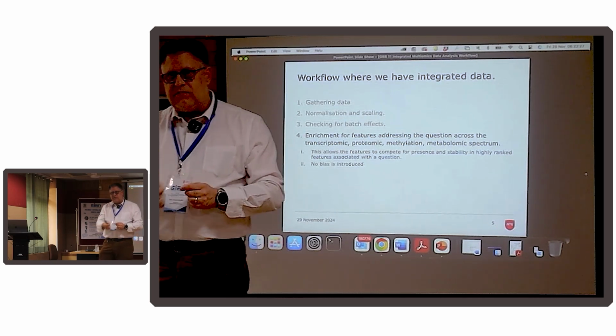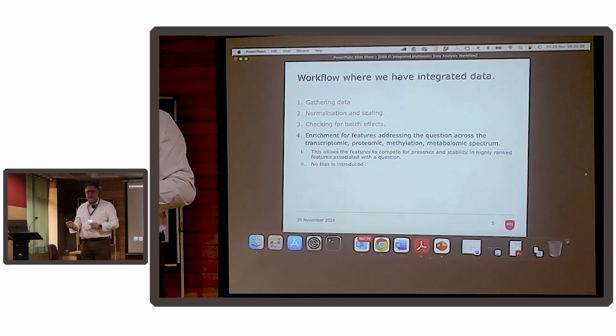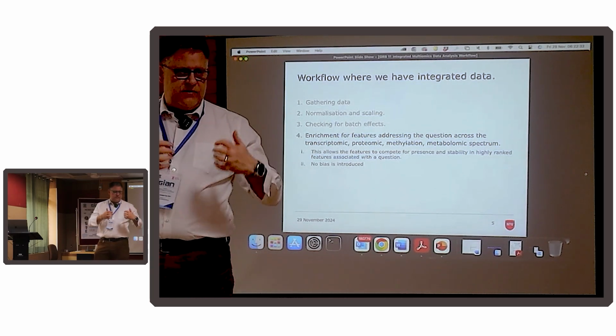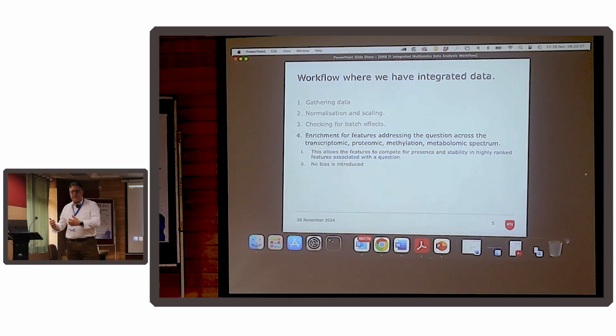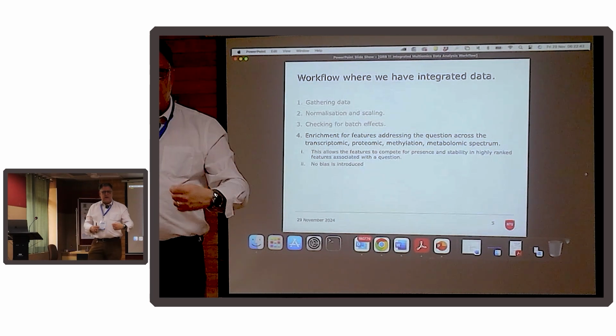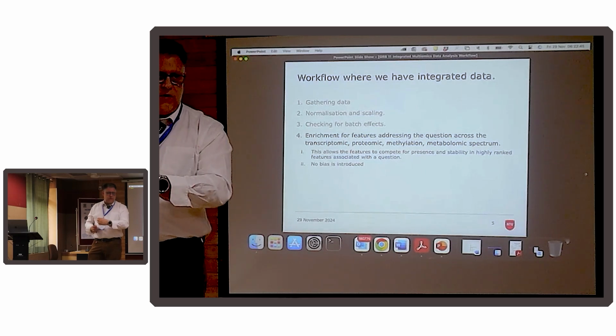So they've got the gut microbiome there as well, which means that you can start to understand the interplay between the gut microbiome and the transcriptome of the host. So that's another level of dimensionality, but gut microbiome plays an important role.